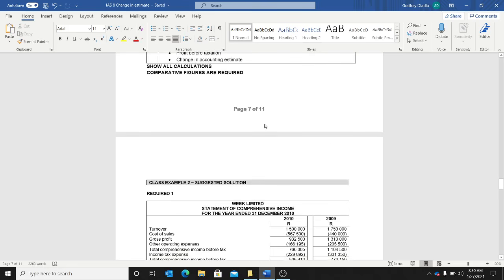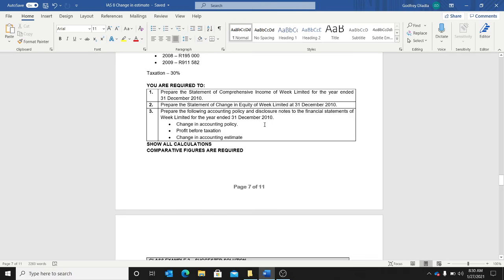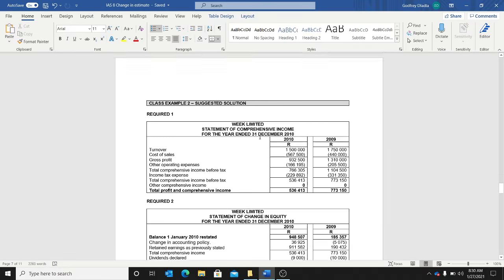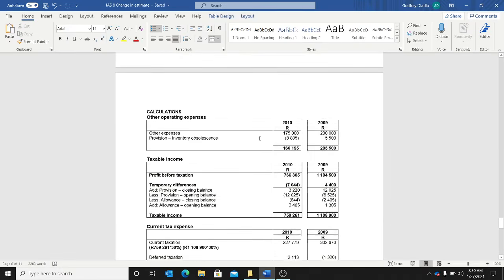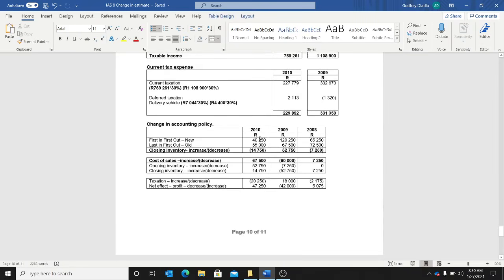So we've got required one, prepare the statement of comprehensive income, then followed by the statement of change in equity, and then the relevant notes. So we are dealing with these two. Now, let's go to the calculation first before we even interrogate anything.